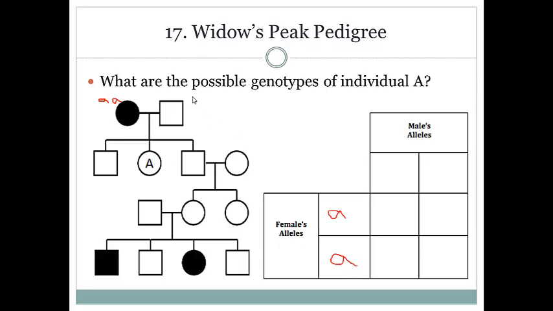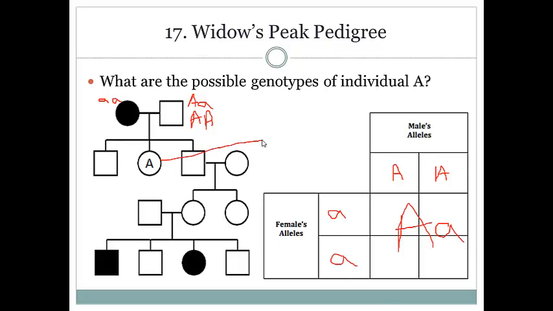Now the male, the father, could be two things. He could be big A, little a, or he could be big A, big A. So if he is big A, big A, that means that all of the offspring would be big A, little a.